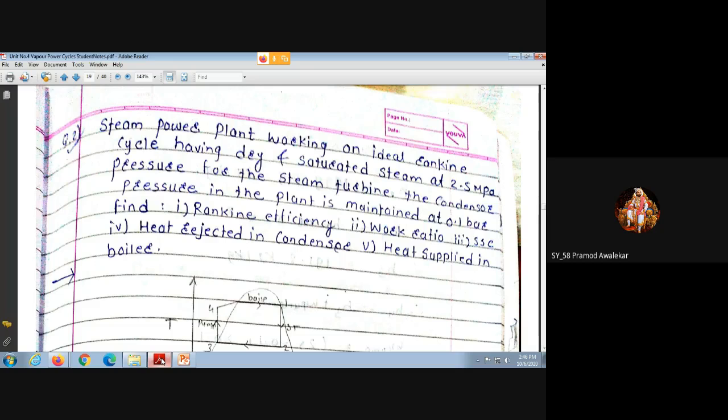Yes, sir. Okay, good. 59, Balaji. Yes, sir. Understanding? Yes, sir. Okay, no problem. 60, Balaji, are you solving numerical? Yes, sir. Solving, okay, good. 60.